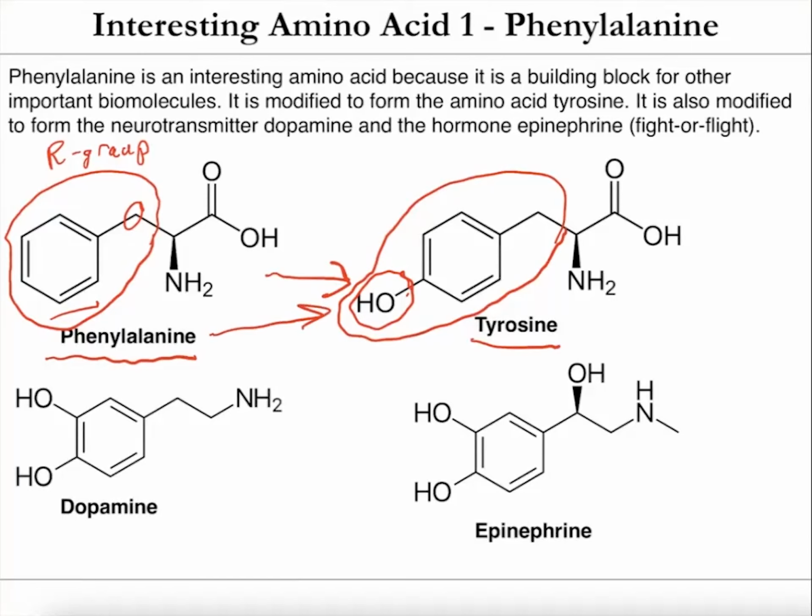So other things you can do is you can modify phenylalanine, and our bodies do this, to form neurotransmitters like dopamine. So dopamine, you can see, has a very similar sort of shape. This group right here is the same. This group right here is the same. And then this carbon here is the same. And then that's the same. So basically, you're cutting off this part of the molecule, and that's actually CO2. You can release it like that.